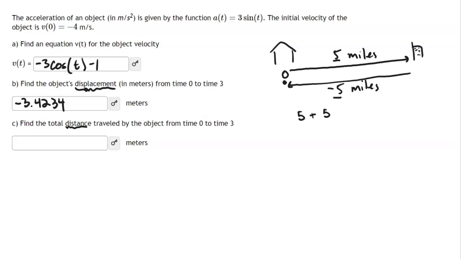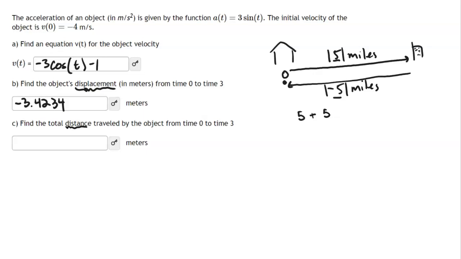Why is this also positive? Because when we're talking about distance, we only care about the positive aspect of it. It doesn't matter the direction or velocity that we're going. We just want to know the total distance. One way to think about this is we're looking at the absolute values of these amounts.